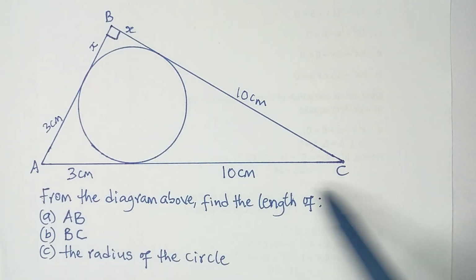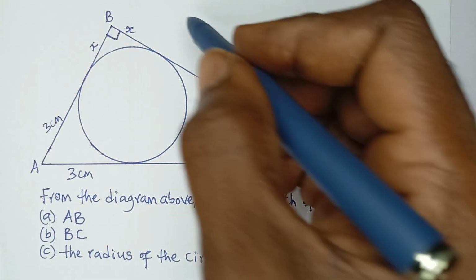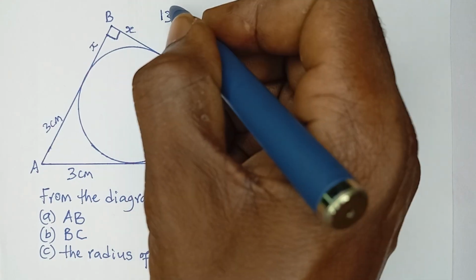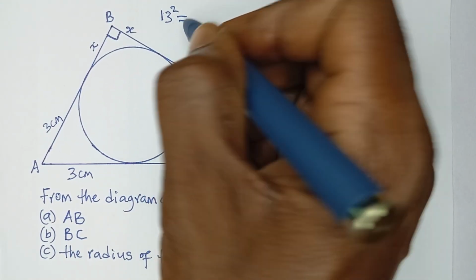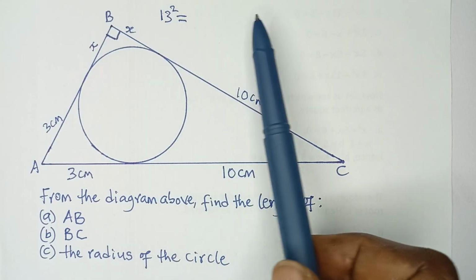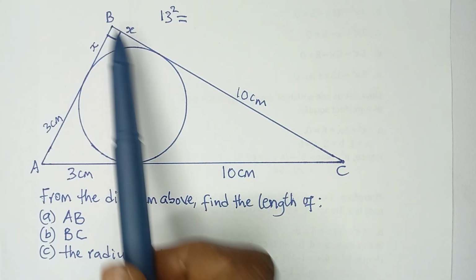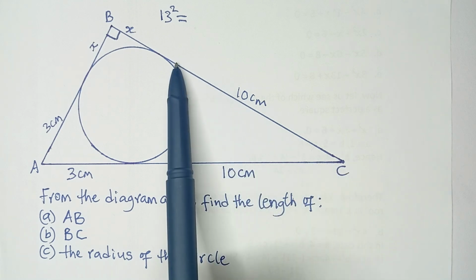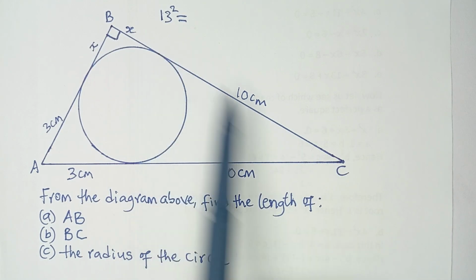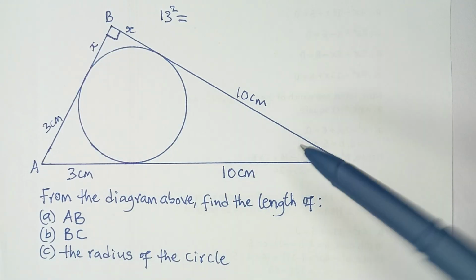And in a right angle triangle, using Pythagoras theorem, the square of the hypotenuse, that should give me 13 squared, is equal to the sum of the squares of the other two sides. The length of this side will be 10 plus x, because this part is 10 and the remaining part is x. So the full length is 10 plus x.